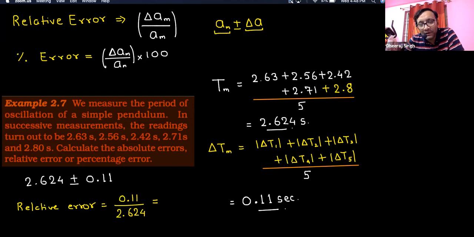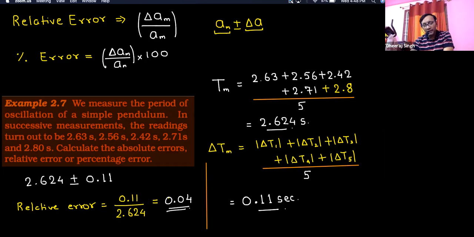Roughly you just tell me what it is equal to. 0.04. So this is the relative error and the percentage error will be 4%. Okay, 4% of the reading, every reading you take, that is the maximum possible random error.